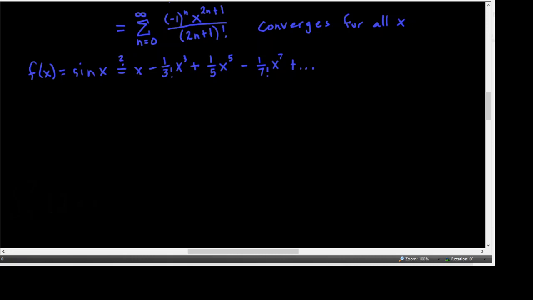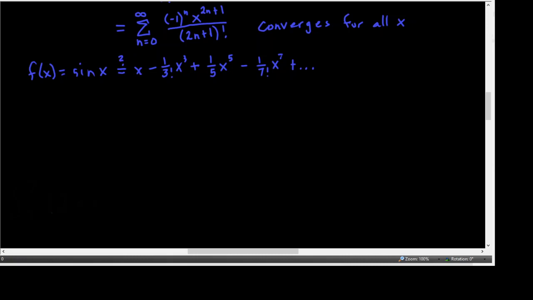That function being f of x is sine of x if the absolute value of x is less than or equal to pi over 2, but equal to negative 1 when x is less than negative pi over 2, and equal to 1 when x is greater than pi over 2. That would have the exact same series.